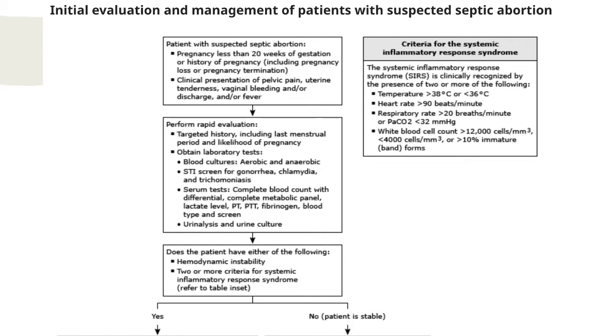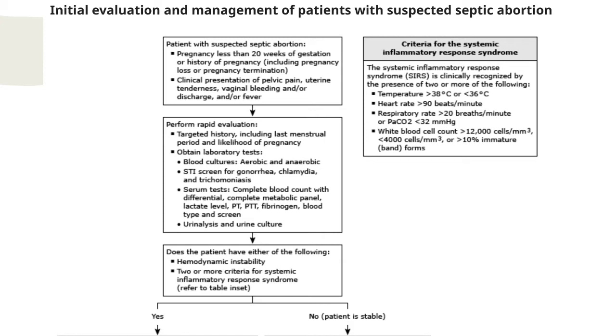You may perform an STI screen for possible causes of infection, although the most common causes are usually vaginal flora and anaerobic bacteria that gain access into the uterus and cause infection. Serum tests that are recommended are a CBC with differential, CMP, lactate level, PT, PTT, fibrinogen, and a type and screen.